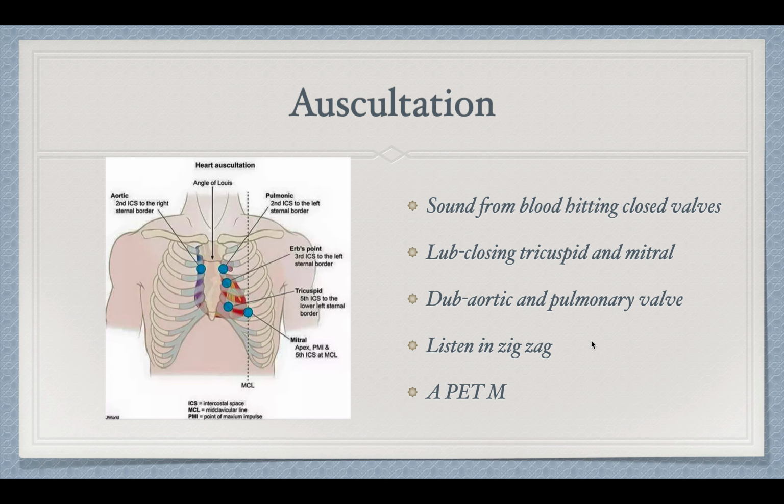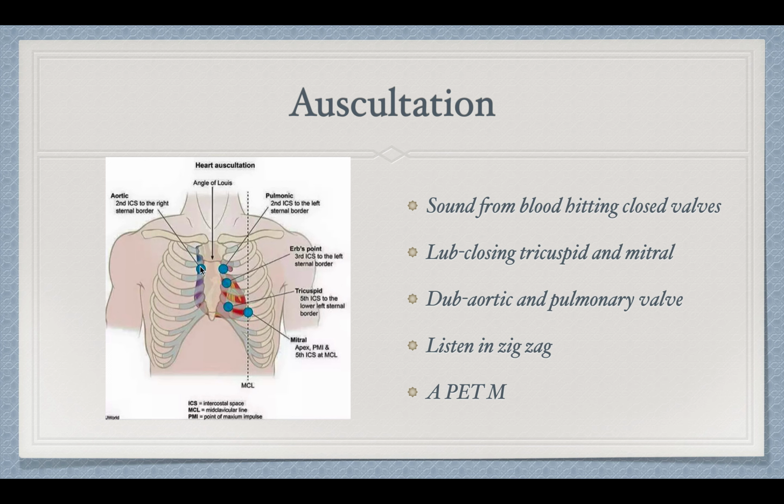Auscultation. Lub is the sound where the blood hits the tricuspid and the mitral valve. Dub is going to be when the blood hits the aortic and pulmonary valve when they close. And you want to listen in a zigzag, so you start on the left side to listen to the aortic sounds, down from the angle of Lewis.